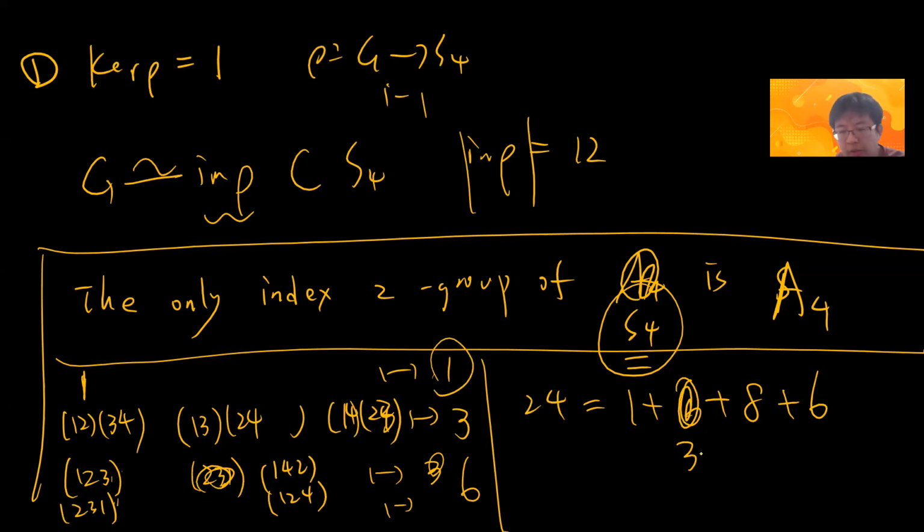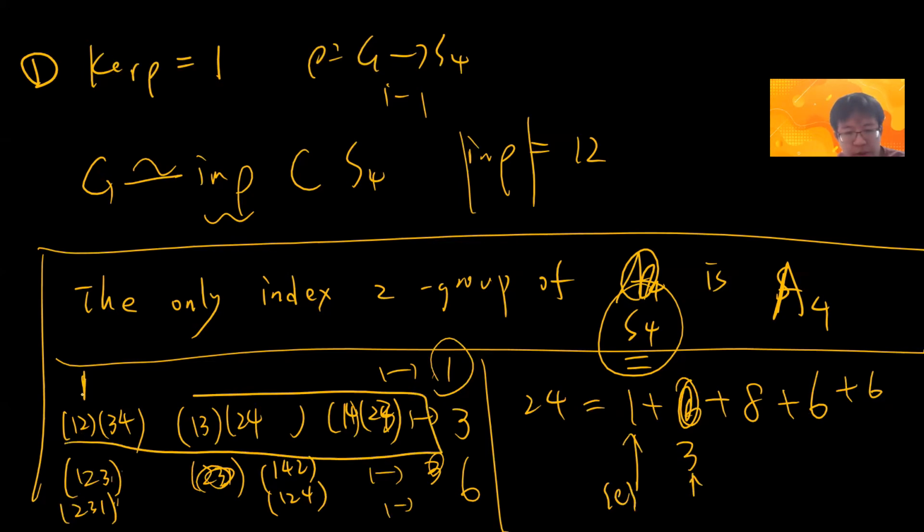So 24 is 1 plus 3 plus 6 plus 8 plus 6. The identity is 1. For the double transposition you get 3 of them, and then for transpositions you get 6 of them, and for 3-cycles you get 8 of them, and the 4-cycles are 6. So this is the identity, this is the 2-permutation, 2 by 2, 1, 2, 3, 4, and this 8 comes from this type of permutation, and the 6 comes from this. It has odd or even permutation.